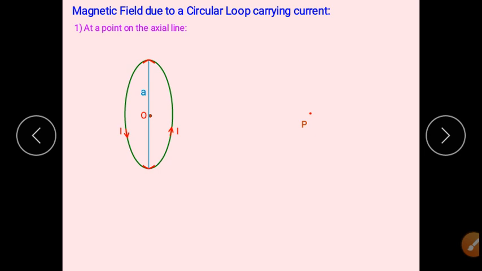We know the expression for the magnetic field due to a current element from Biot-Savart's law. So we are going to apply Biot-Savart's law. This point P is at a distance small letter x from the center of the current carrying loop.